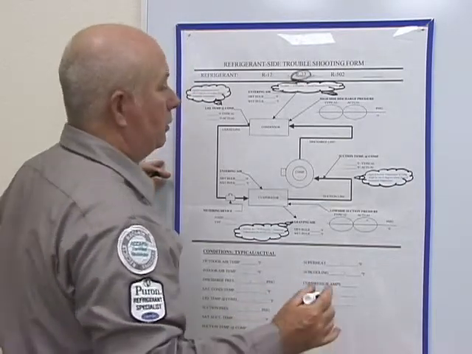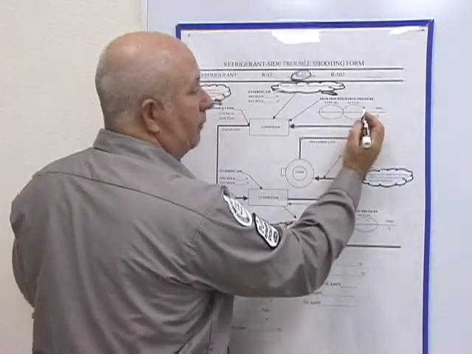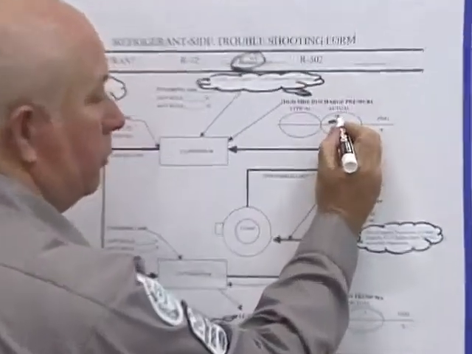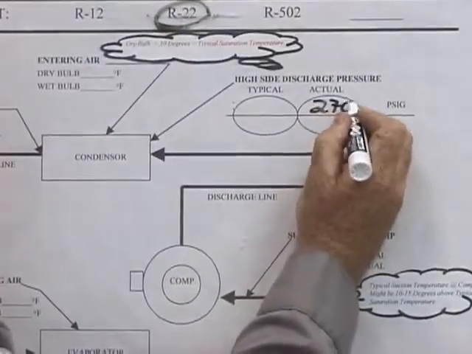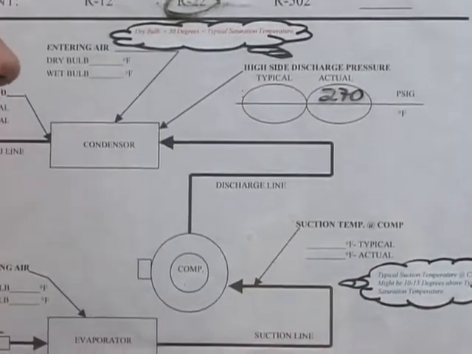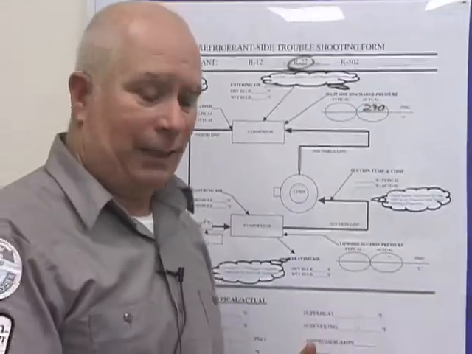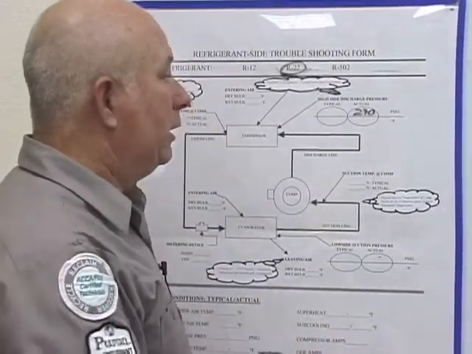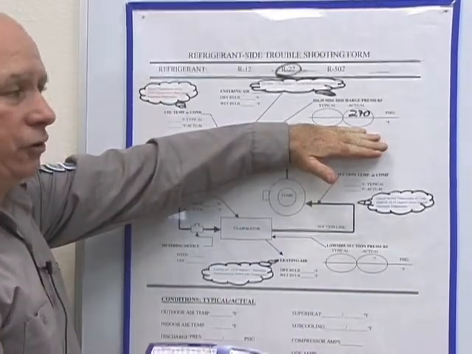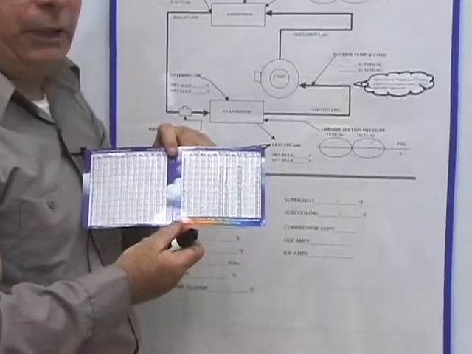When that happens, you're going to look at your gauges, and you're going to take the pressure reading from your high side. In this case, we'll say it's 270 psig. Now, the 270 is a constant pressure in the high side. But we need to fill in the bottom down here, which is your saturation temperature. To do that, you must use your PT card.